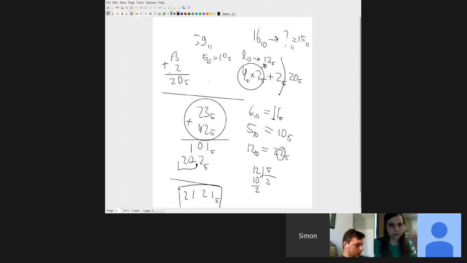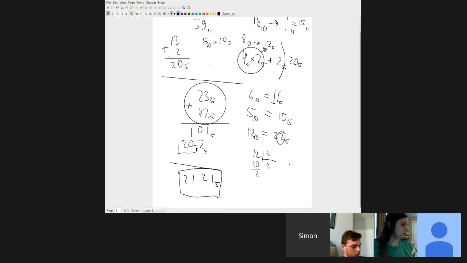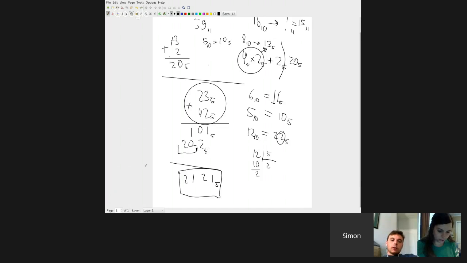Yeah, 12 by 5, that's for me to translate 12 in decimal to something in base 5. Like this, 12 from decimal, I divide by the base of the number system to get 22 in base 5. Okay, thank you. All right.